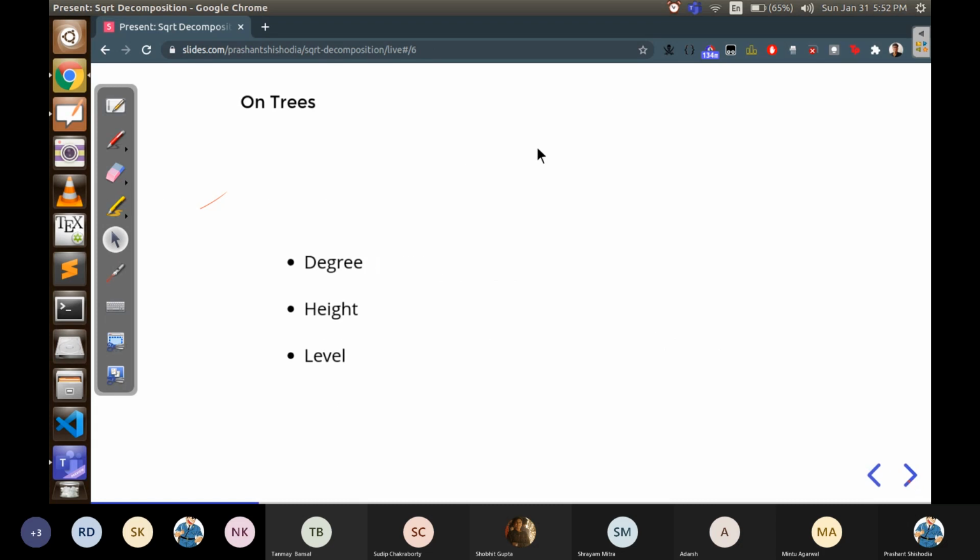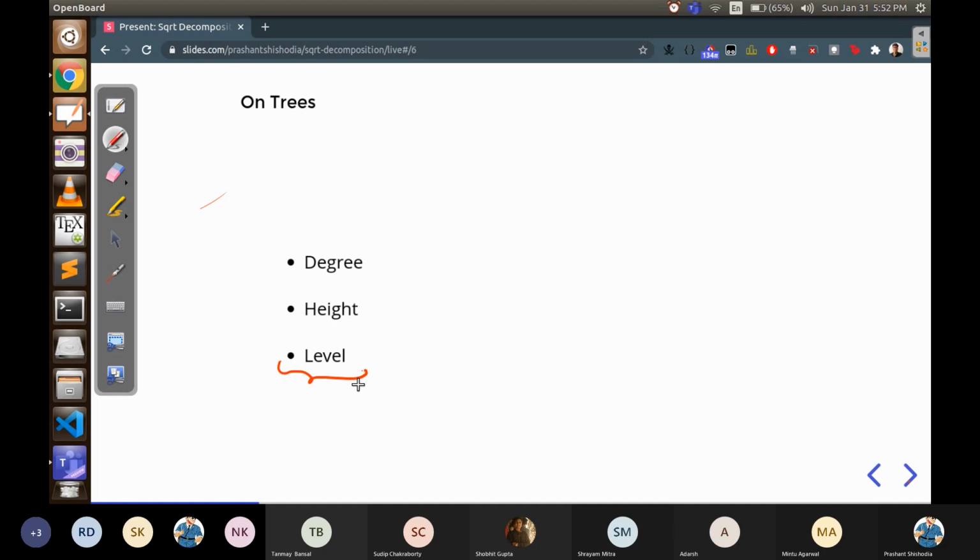So now we'll discuss a bit about square root decomposition on trees. On trees there are many parameters, so it is not a hard-coded rule on what property you have to apply square root decomposition. You look at the problem and you see. I'm just discussing some variations of what I have seen frequently appearing in problems. There is only one problem in which I have seen this, and when you see that problem, it should be recognizable how you have to use square root decomposition.